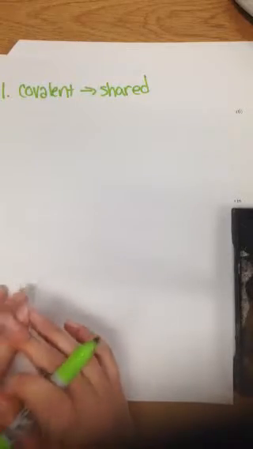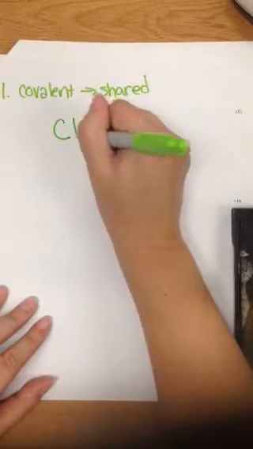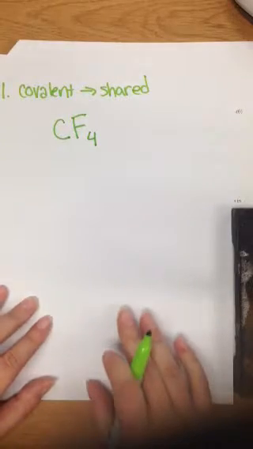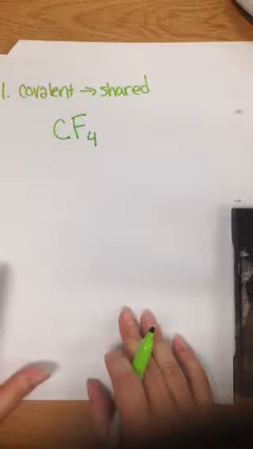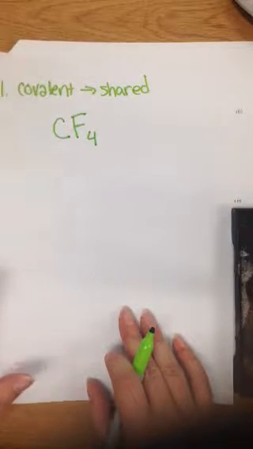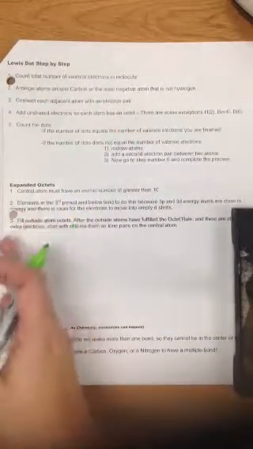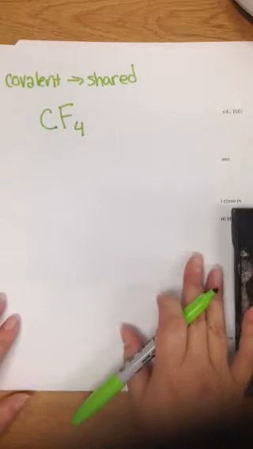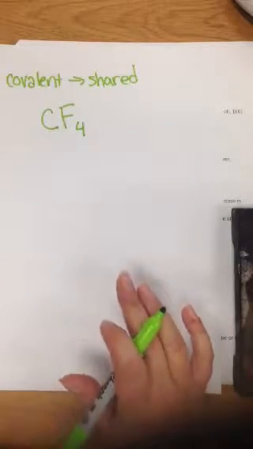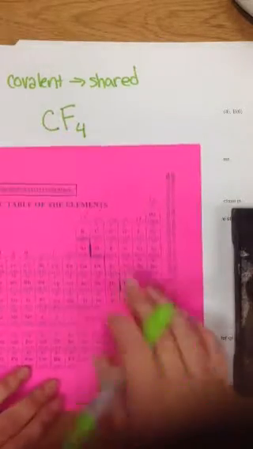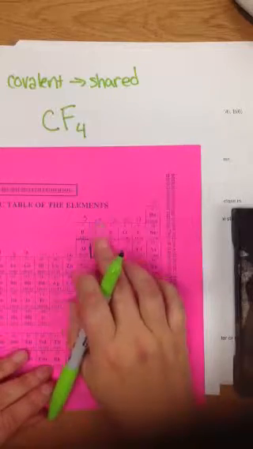We're going to start with an example problem, CF4. If we look at the actual steps, it says count the total number of valence electrons in the molecule. So we have C, F, and 4. We would take out our periodic tables and look at carbon. Carbon is in group 14, so it has 4 valence electrons.